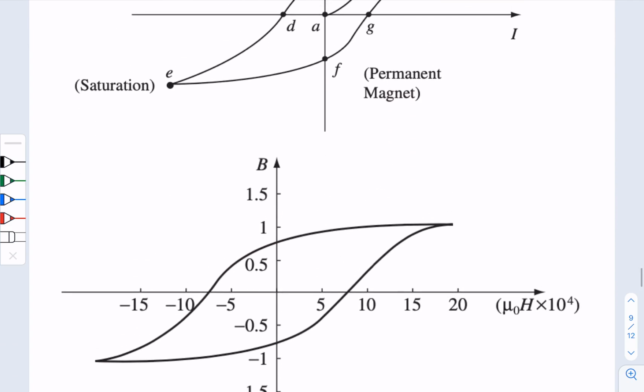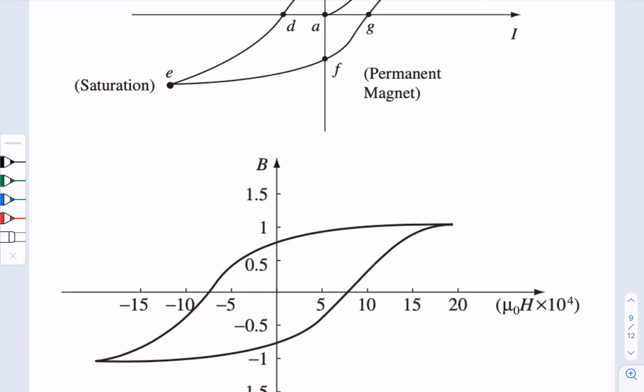And another point that I want to emphasize is that the B field produced by this magnetization is huge compared to this H field. So when you do this hysteresis loop, even though the bare H field is extremely small, once you put an iron core inside your wrapped coil, the magnetic field it produces can be on the order of 10 to the 4 times larger than the bare case without this iron core.